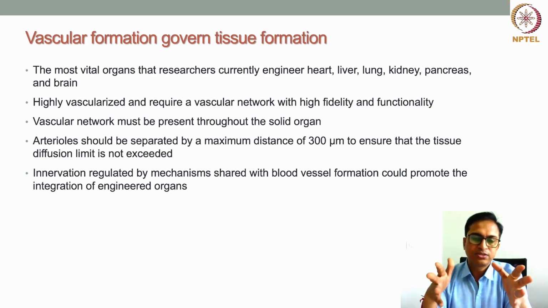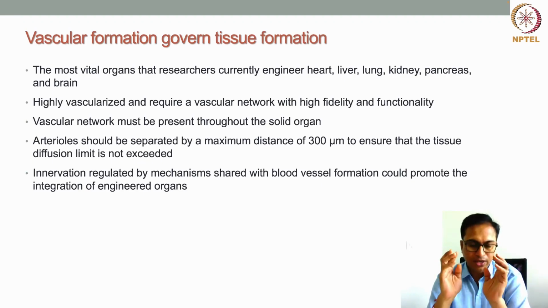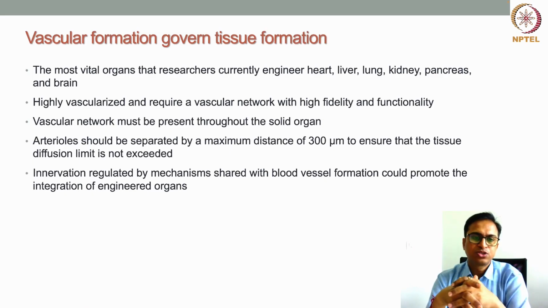So a solid organ should be highly vascularized, and when we are targeting to print a solid organ, we also need to take care of the vascular tree. That vascular tree has to be printed, and only then can that particular solid organ be developed.